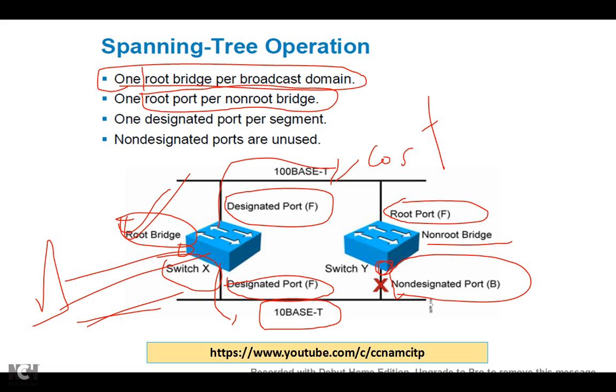For example, for this 100 Base-T the cost is 1, and for this 10 Base-T, for example, it is 10. So 1 is the lowest, so this port will be the root port, not this one, because the cost is 1 for this 100 Base-T segment. This port will not be selected as root port, because the cost is 10 to reach the root bridge from this side.